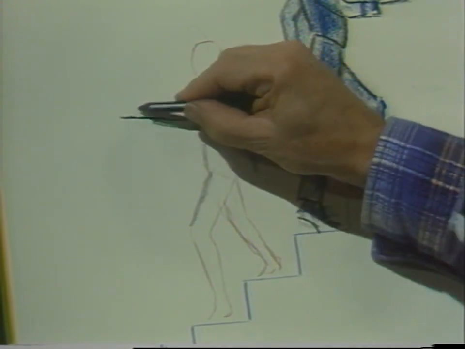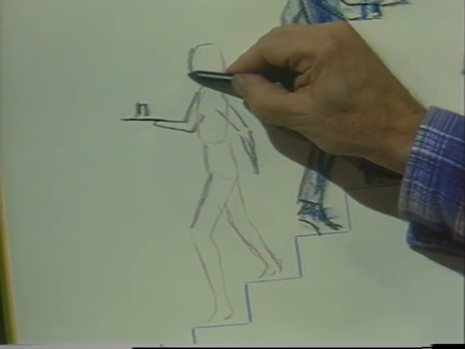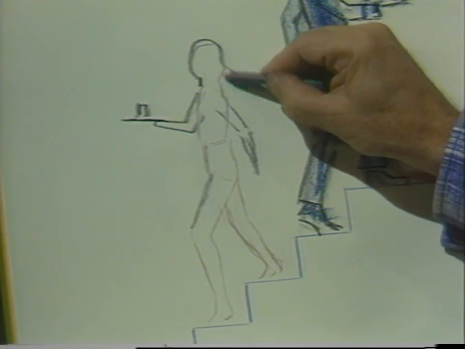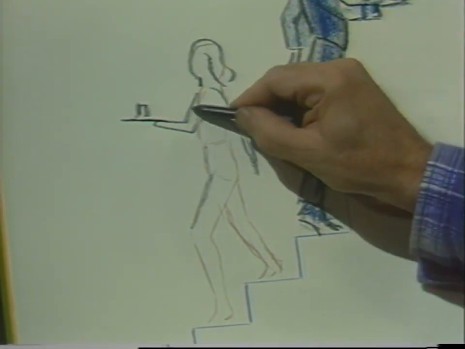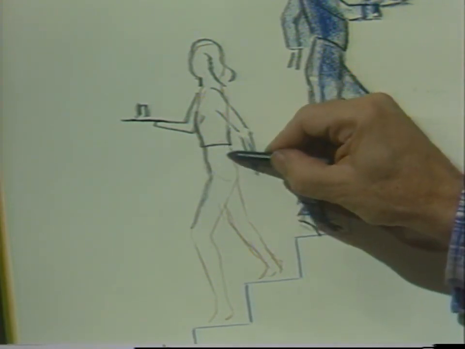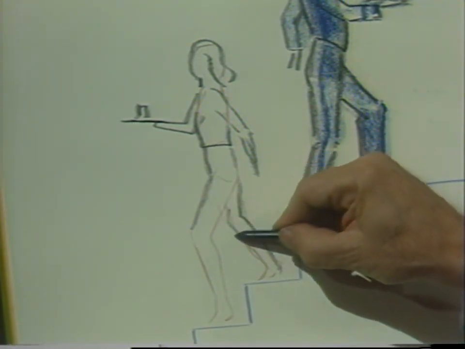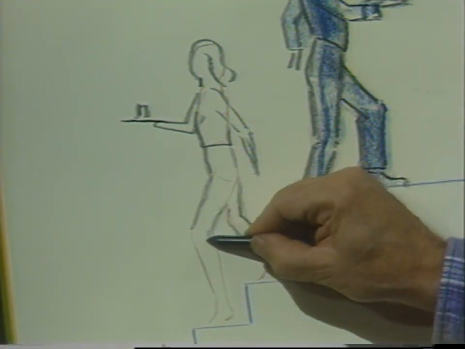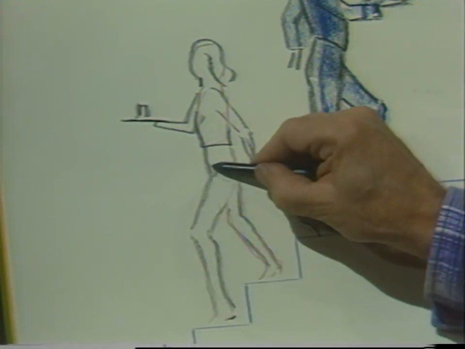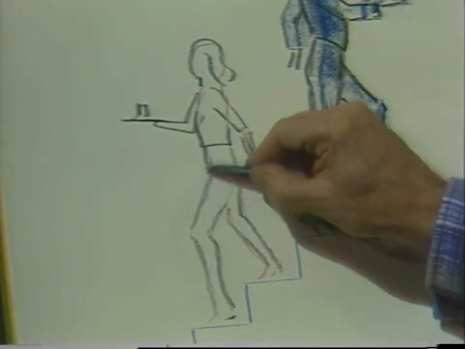And put a tray out here, something on the tray, the head of the figure here, and as before, the arms and legs on the same side work opposite.